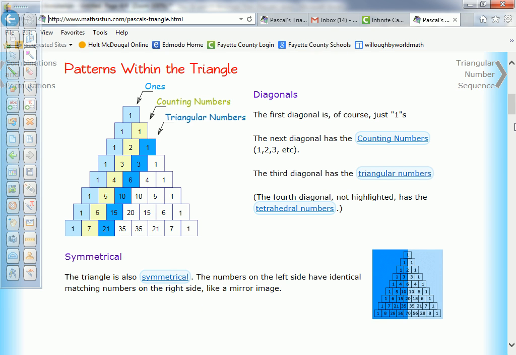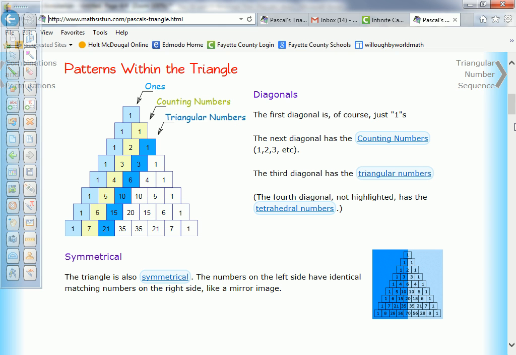You'll notice that down the diagonals, either this diagonal or this diagonal, you have all ones. But then right beside it, you have your counting numbers. Do you see this way counting numbers and this way counting numbers? And then right beside that, you have what's called triangular numbers. So 1 is a triangular number, 3 is a triangular number.